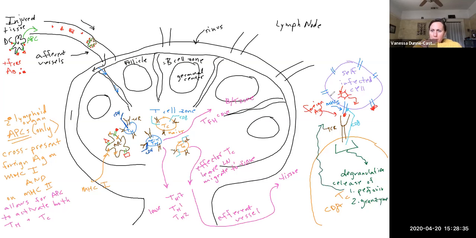So perforins will punch holes in the membrane, and granzymes will come in and completely destroy or degrade many of the proteins that are there, and this then leads to apoptosis. Equals death.